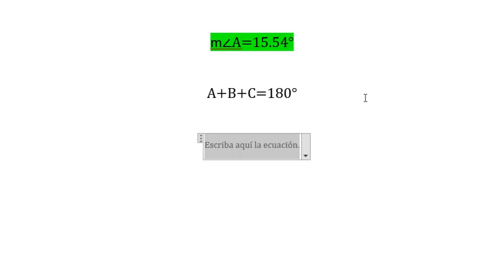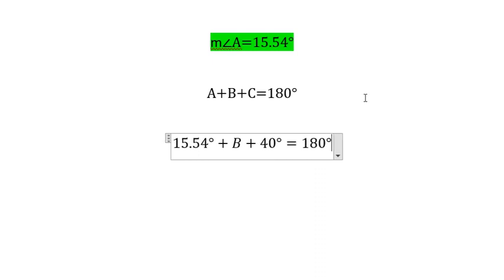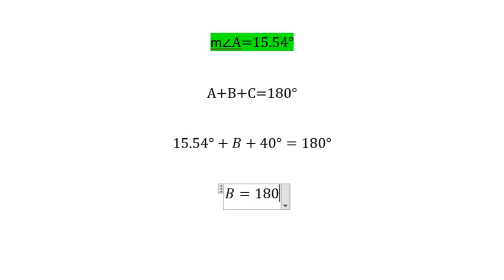We can solve that for B. Angle A is 15.54 degrees. Angle B we don't know, but we want to figure it out. Angle C is 40 degrees, and in total they should be 180 degrees. We subtract these two from both sides, so we end up with B equals 180 degrees minus 15.54 degrees minus 40 degrees.